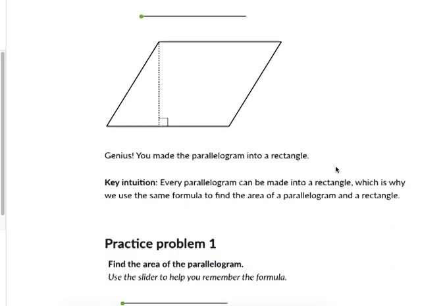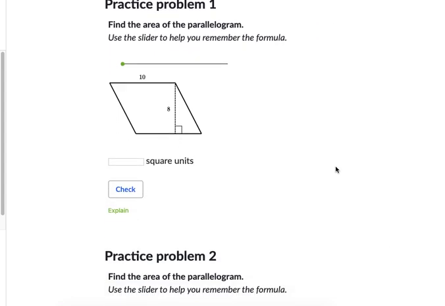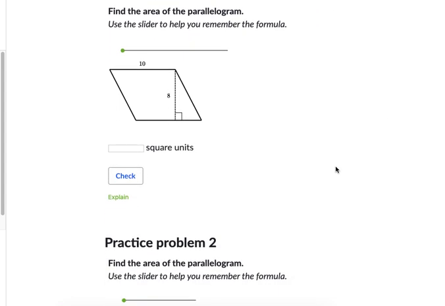Okay, so if we look at this one right here, let's go ahead and find the area of this one. We have a base of 10. The way I know this one's the base is it's perpendicular to the height. So our area is our base times the height.